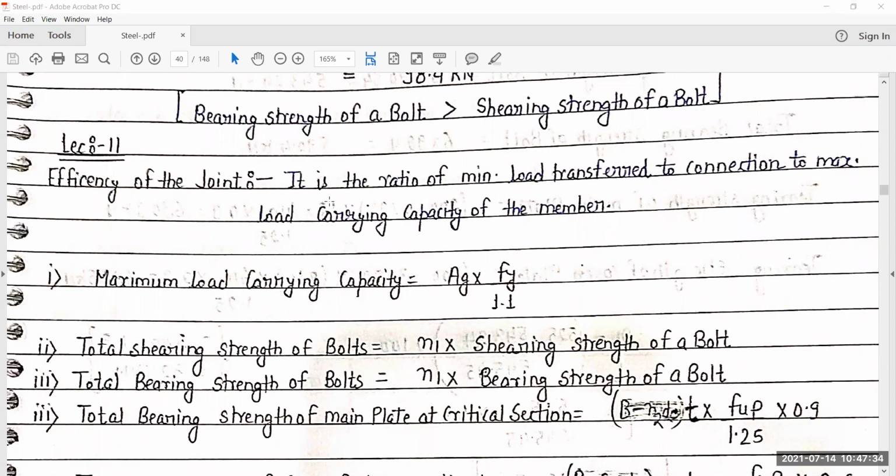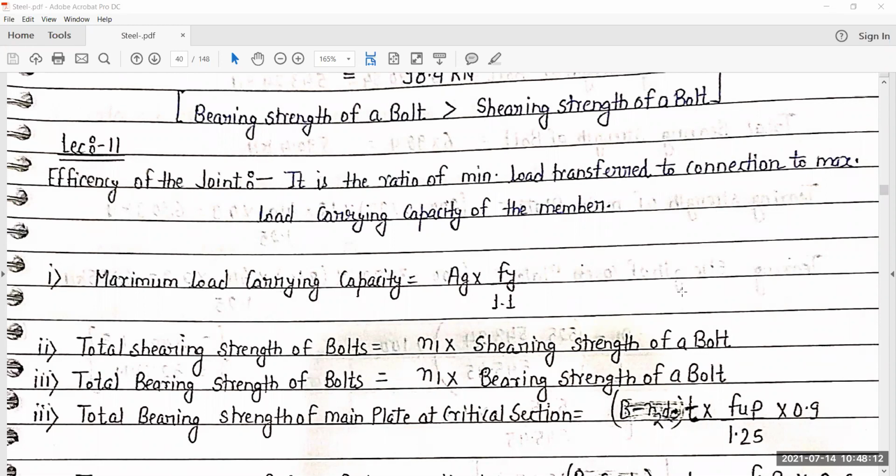How to find it? It is the ratio of the minimum load transfer by the connection to the maximum load carrying capacity of the member. Then the maximum load carrying capacity is A_g into fy upon 1.1.